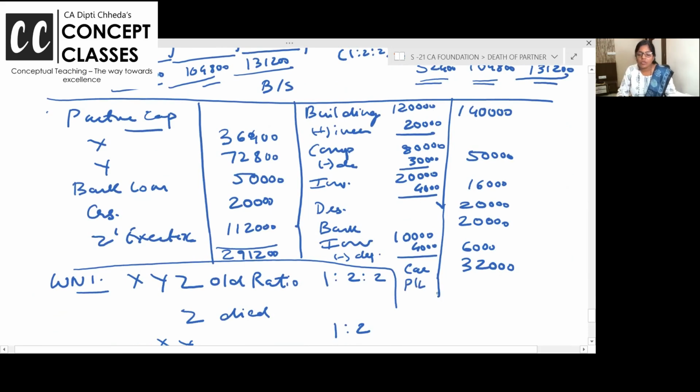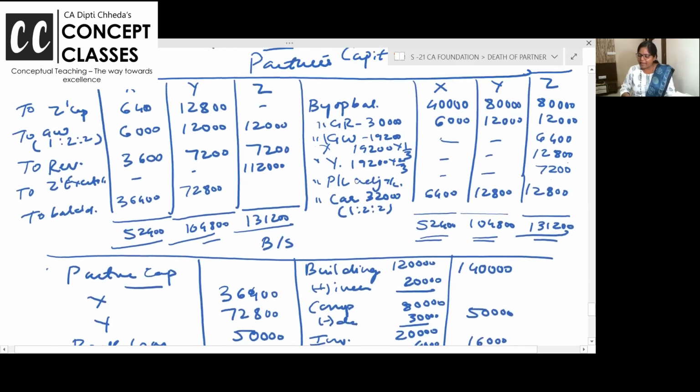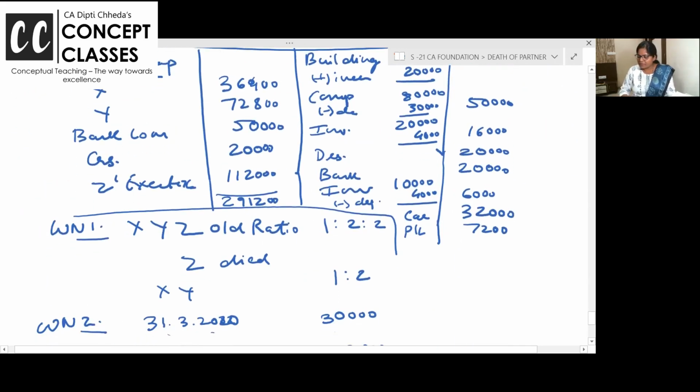Because the year is not over. This balance sheet is in between, right now. The year will be over in December. So at that time, whatever advance you have given, you debit in the P&L account, and then the whole year's profit you give to the remaining two partners. Right now, 9 months' profit we gave credit. That time only we should have come and written it in the balance sheet.